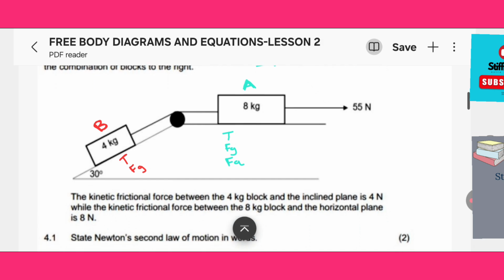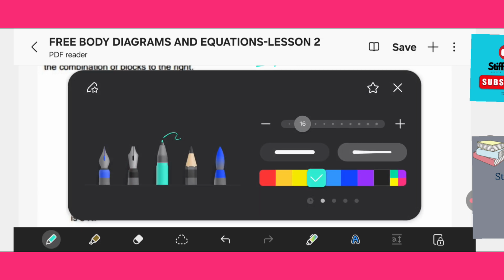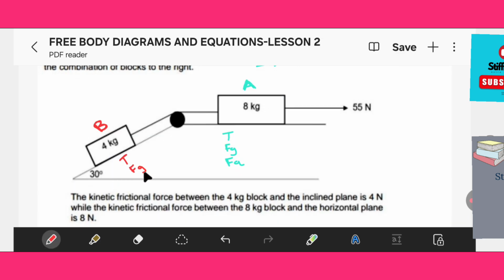So it also says that the kinetic frictional force between the 4 kg block and the inclined plane is 4 newtons. So we know that the 4 kg block is also having a frictional force. So let's show that this is also having a frictional force of 4 newtons.